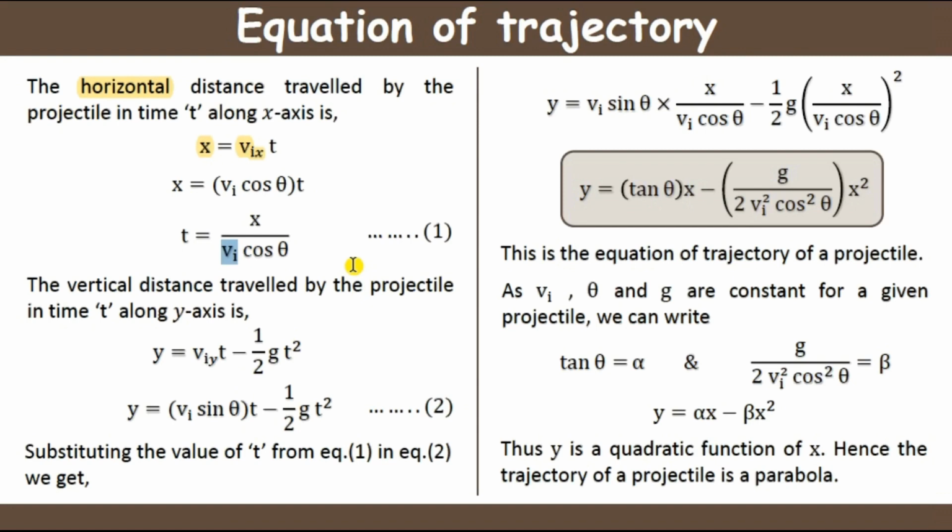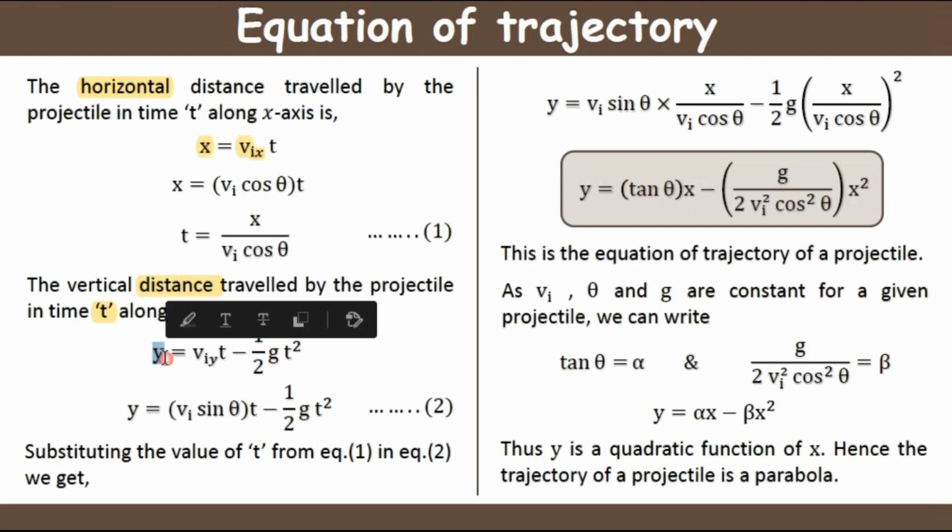Now let us get into the next equation. The vertical distance traveled by the projectile in time t along the y-axis. So we are trying to find out the vertical distance traveled by it. Obviously vertical distance, or the distance associated with the time, will be given by the relation s is equal to ut plus half at square.